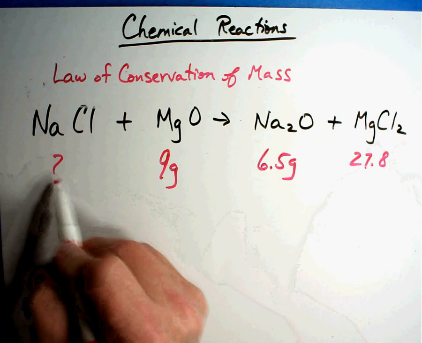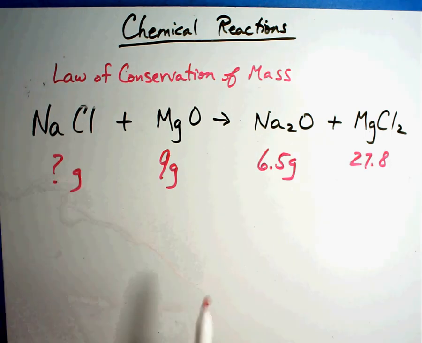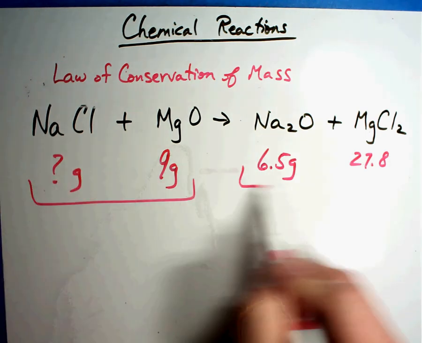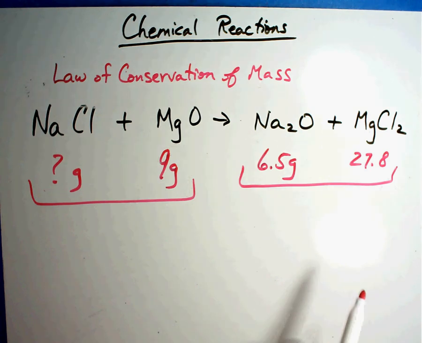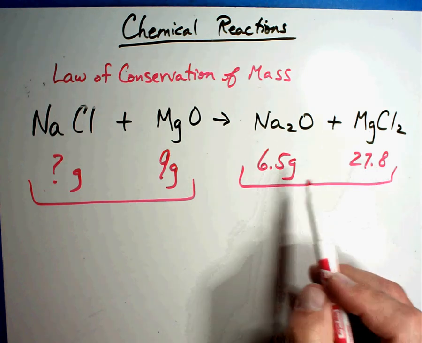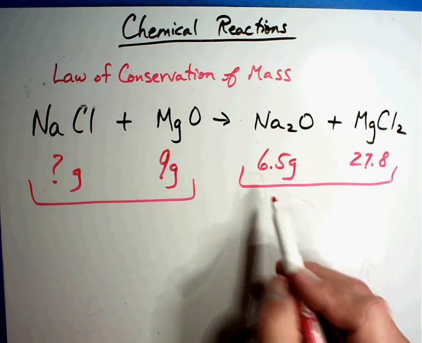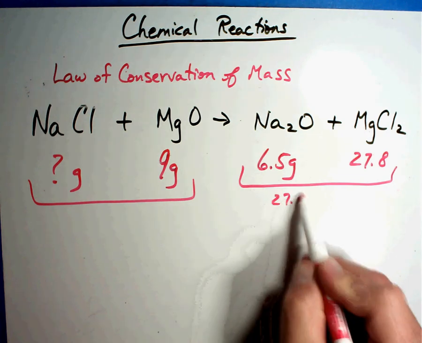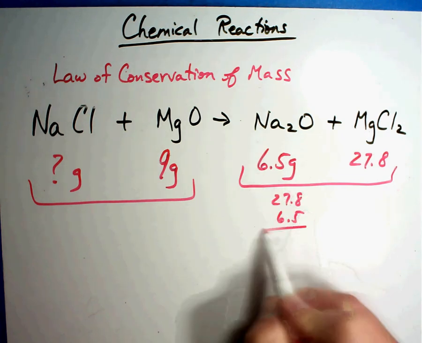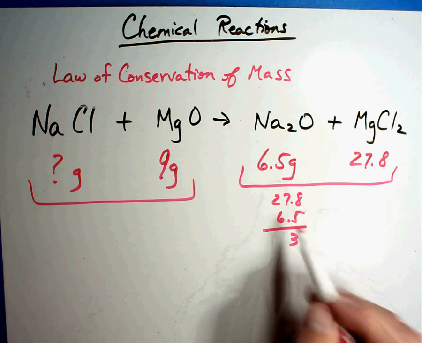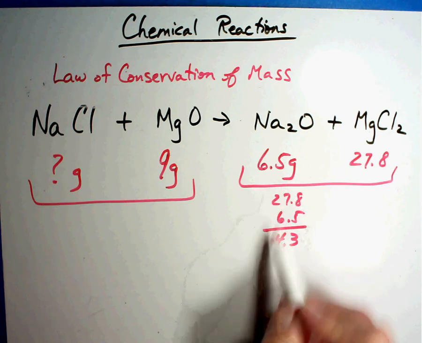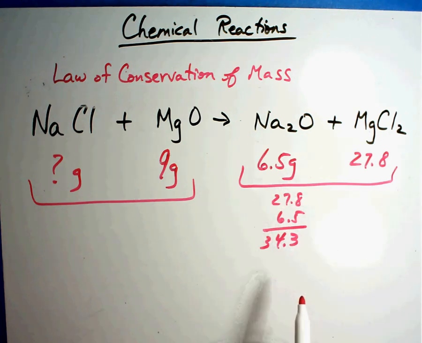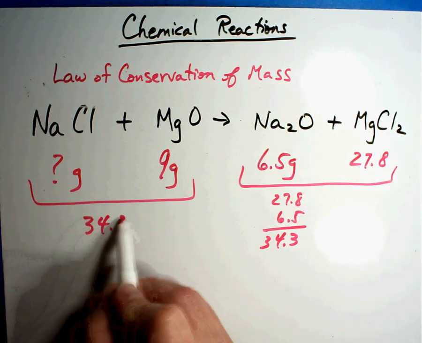How many grams of this do you have? Well, the same is true. Both sides have to equal each other. Since you have two numbers on this side, let's add them together. If I add these two numbers together, 27.8 and 6.5, I get 34.3. That means this has to be 34.3 also.